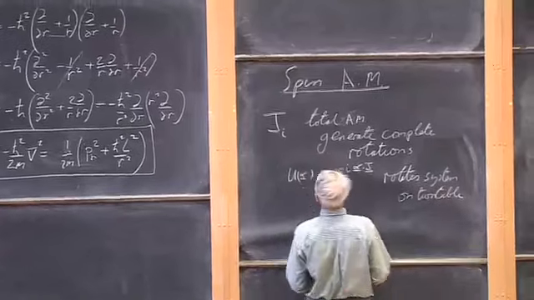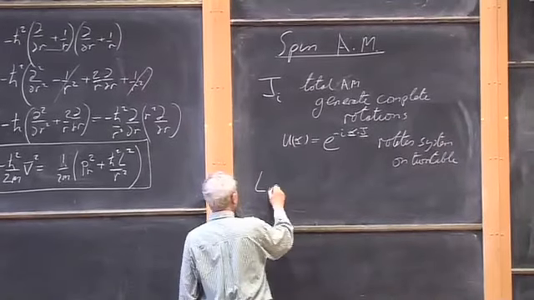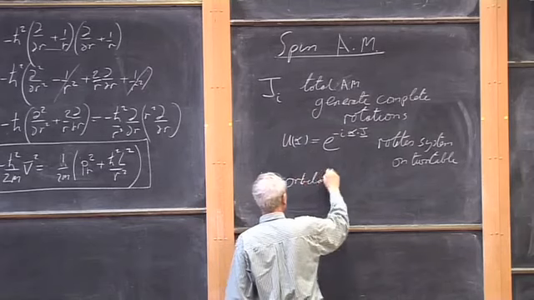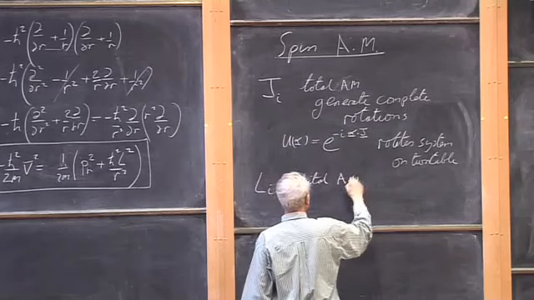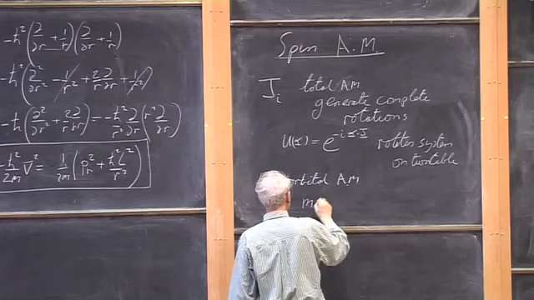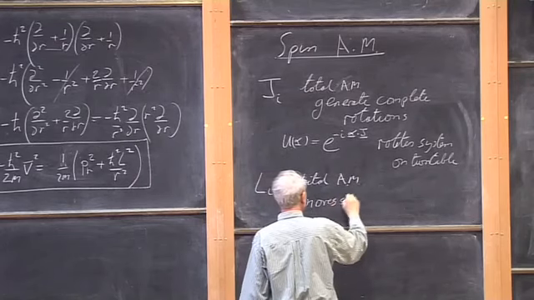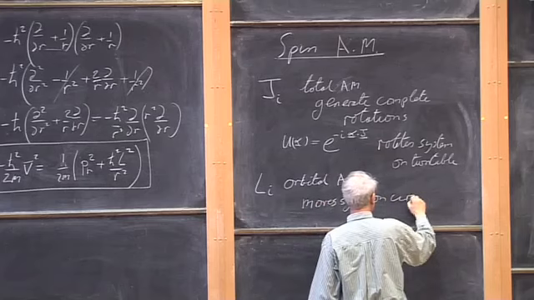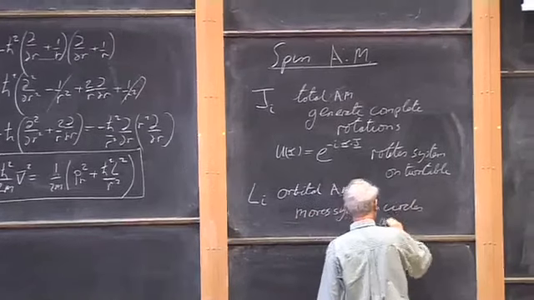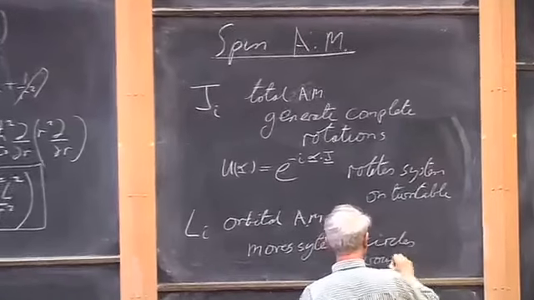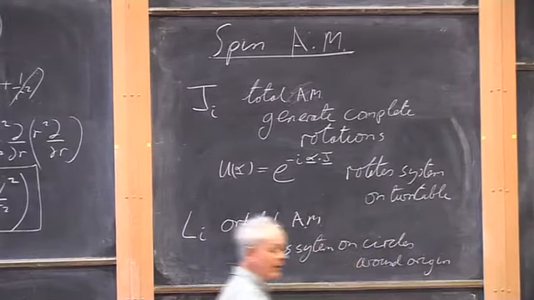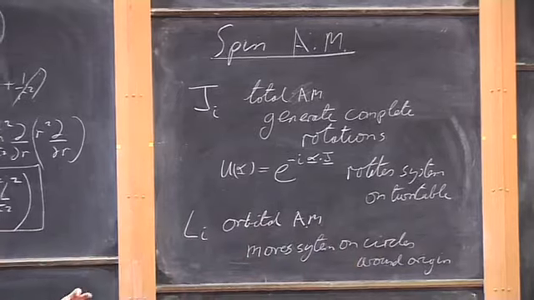But we also have shown that Li, the orbital angular momentum, moves the system on circles. So it moves it around. Physically, it translates it around the origin, but it does not rotate it at the same time.